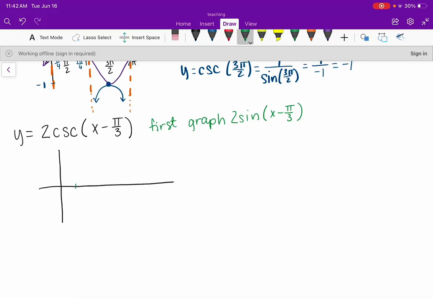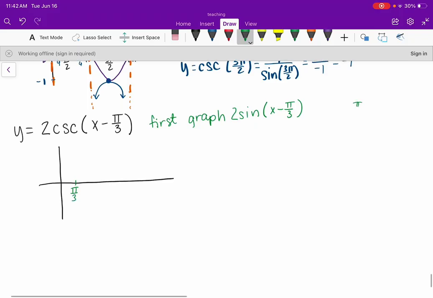So this would be pi over 3. The next point would be pi over 2 plus pi over 3, which is going to be 3 pi over 6 plus 2 pi over 6, 5 pi over 6. The next point would be pi plus, so it would be 0 plus pi over 3, pi over 3. The next point would be pi plus pi over 3, so that's going to be 4 pi over 3.